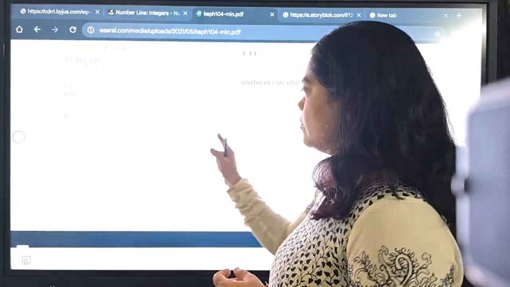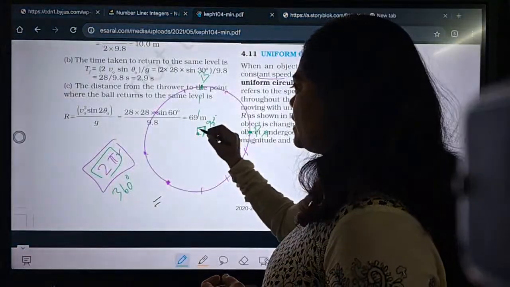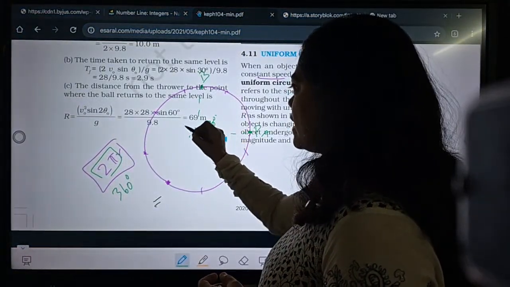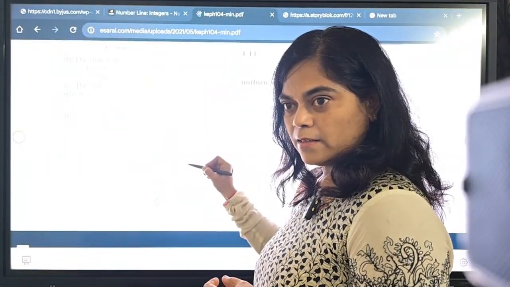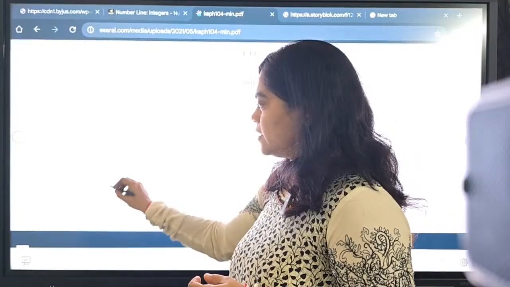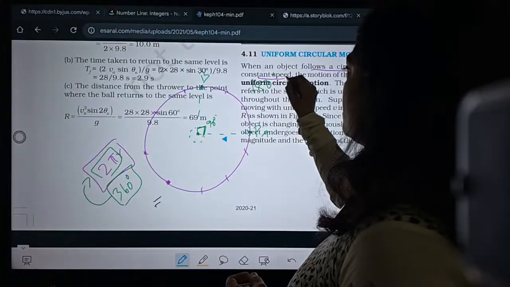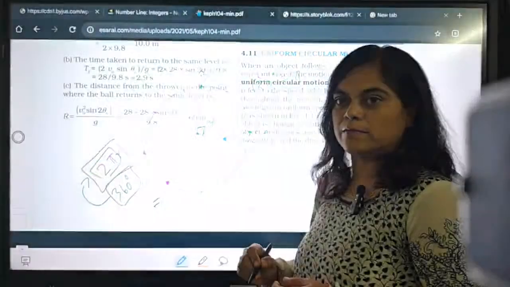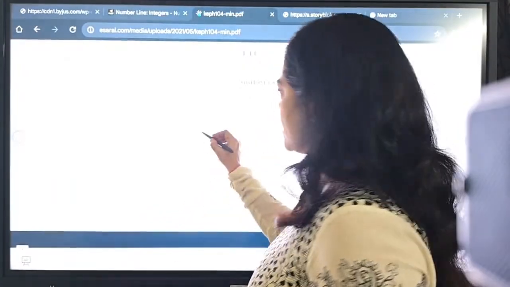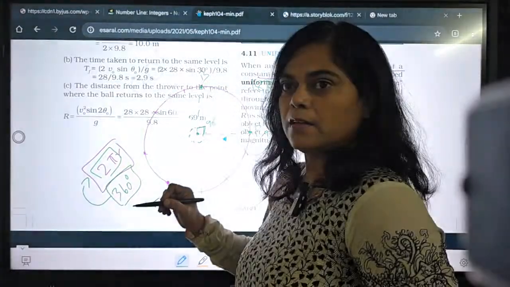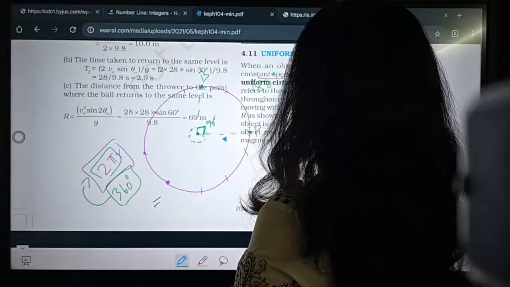So what is 2 pi? 2 pi is 360 degree. If the particle completes one complete revolution, then 4 times 90 it has to cover. Got it? Okay, 4 times 90 is 360 degree. So 180 degree is equivalent to pi. Pi radian. If you convert degrees into radian, degrees you can consider at the center, and the radian can be represented as a length.